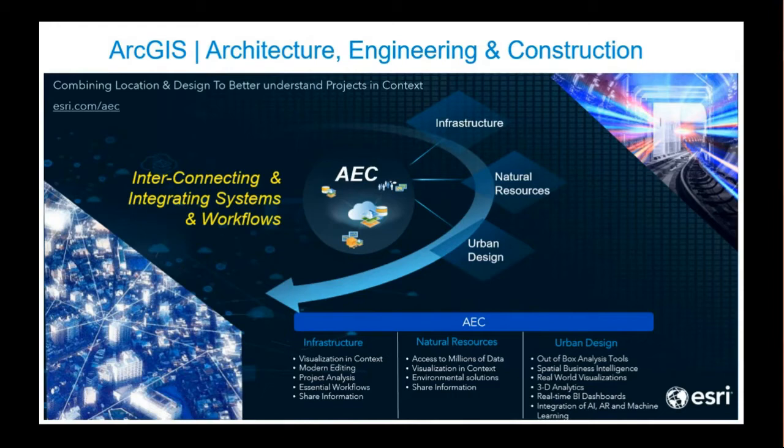With natural resources, we look at environmental solutions, how we're going to share that information, being able to access all of that data. And then urban design, straight out of the box tools from Esri, including Autodesk, real world visualizations, 3D analytics, and also real-time dashboards.